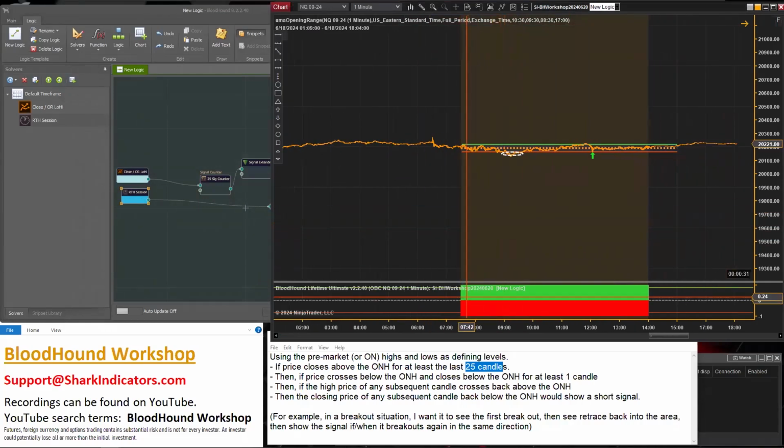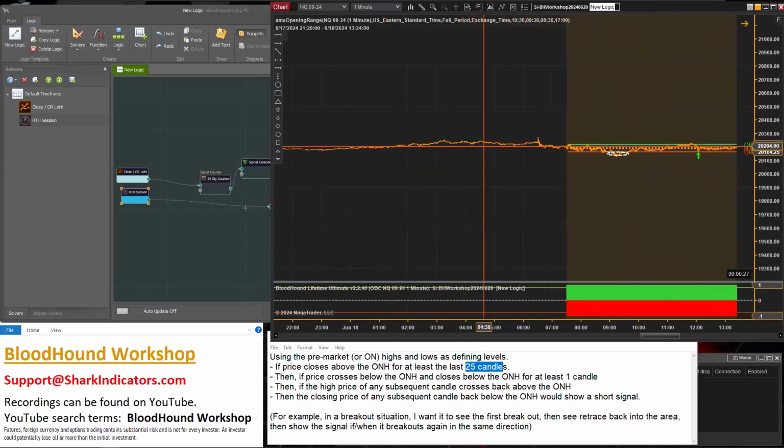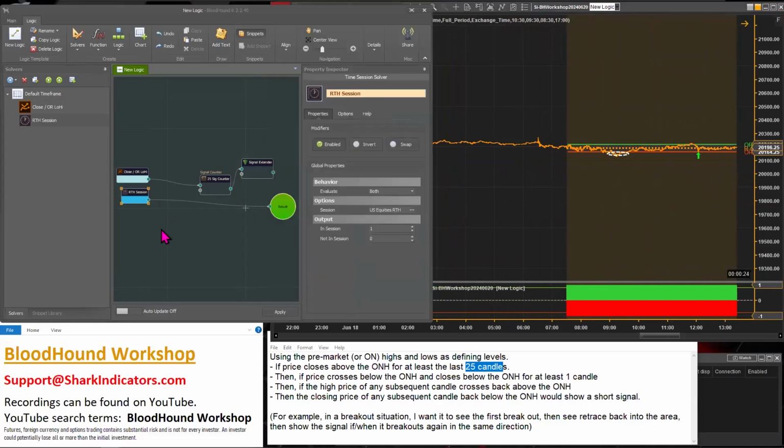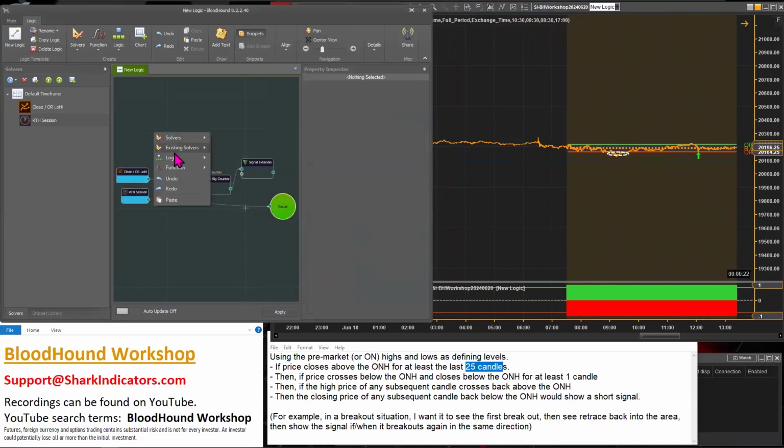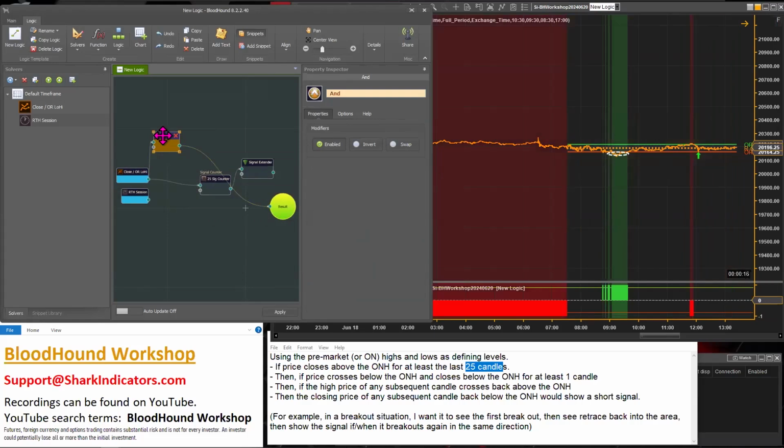We only have an output during RTH, and so overnight there's no output. When I take an AND node, that's just the comparison solver going through the AND node, and we still have the short during the overnight.